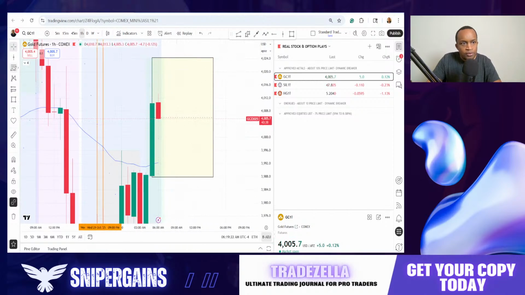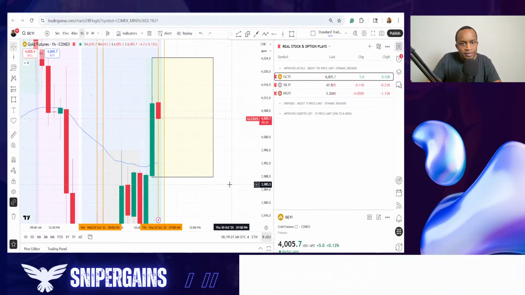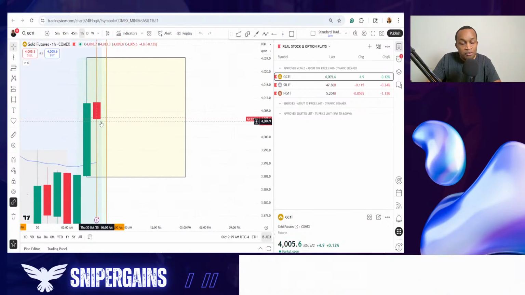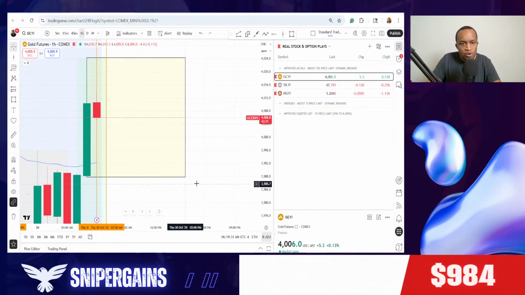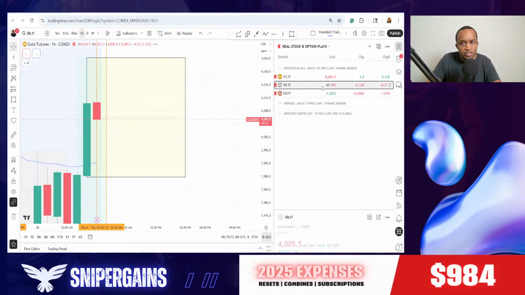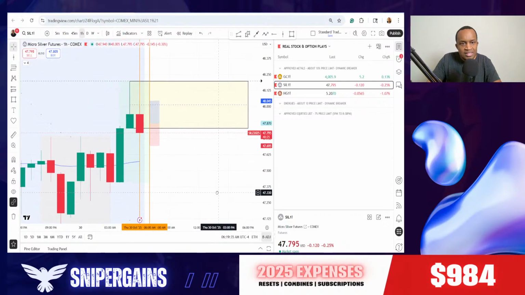So here, I'm going to put in my arrows or my vertical lines just to see. So it's more about gauging and just being a little bit patient with the setup. This is where it will get a little bit interesting.